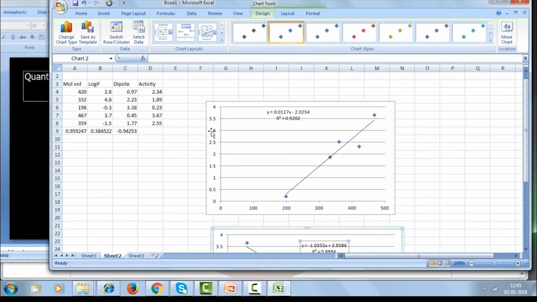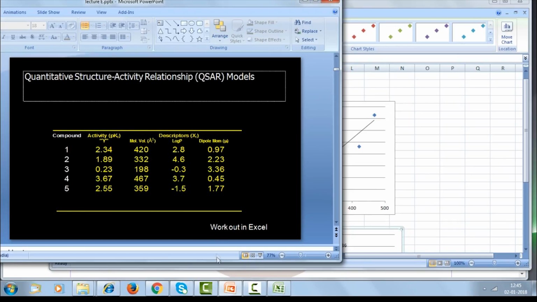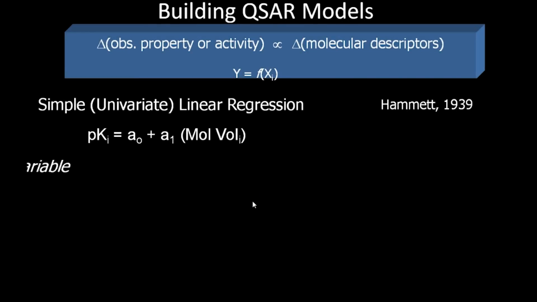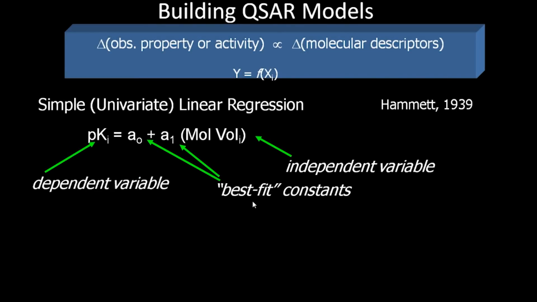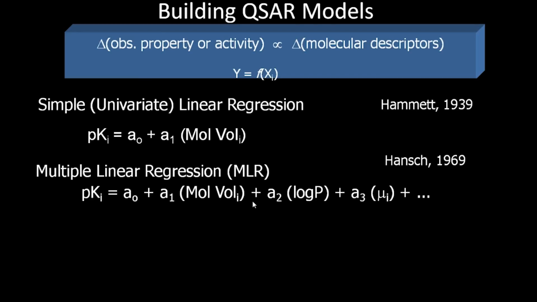So Excel is a good software if you are interested in looking at a regression equation with one independent variable model. We can work it out with Excel, that's not a big deal. So we can have molecular volume or, like I showed you, dipole, or we can have multiple linear regression, but multiple linear regression is not possible because the number of data points is only 5.